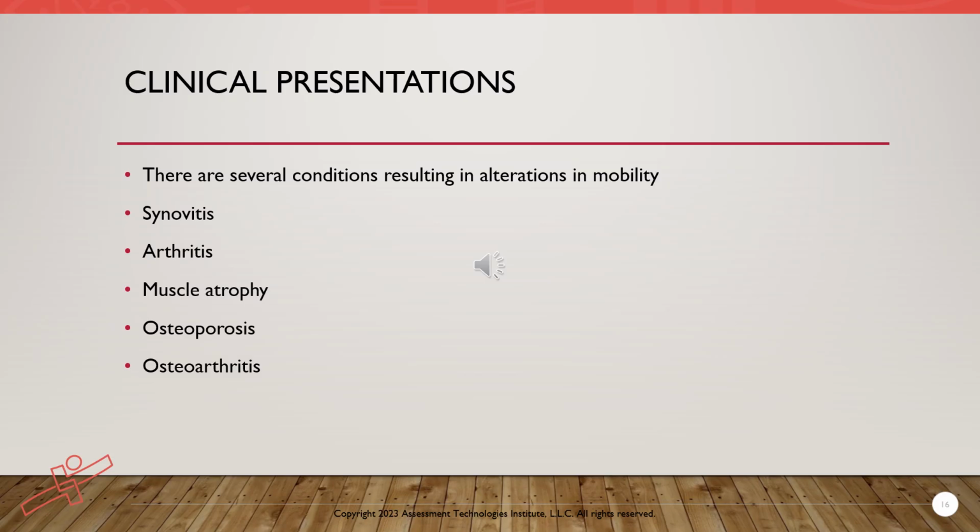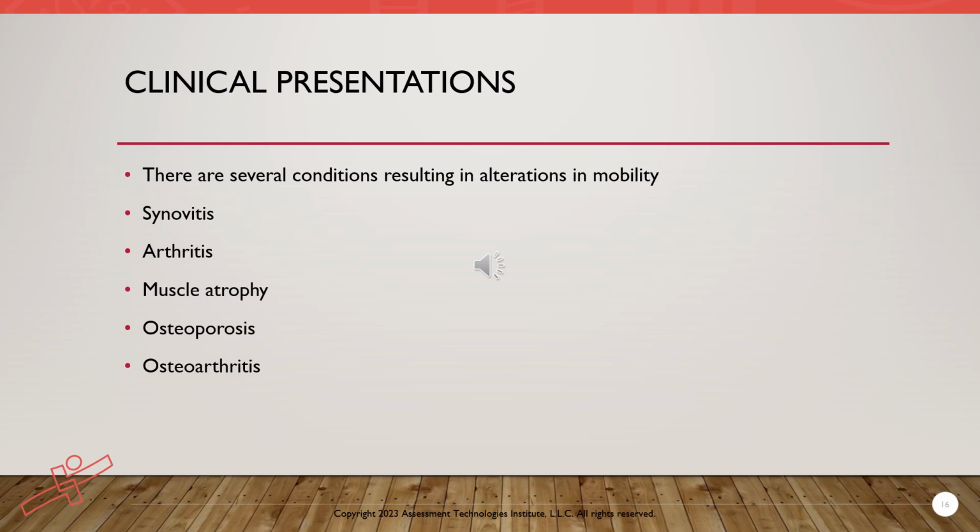Muscle atrophy refers to the wasting or shrinking of muscle tissues. It often occurs with inactivity, aging, or certain medical conditions. As muscle mass decreases, strength and mobility decline as well. Osteoporosis affects the bones themselves. With this condition, bones become porous, fragile, and more prone to fractures. Even small stresses can cause breaks, significantly limiting mobility and independence.